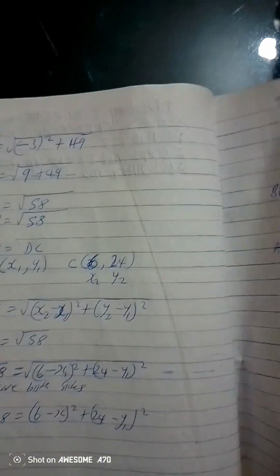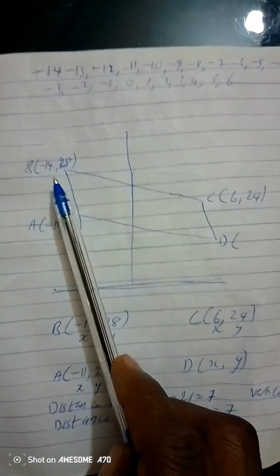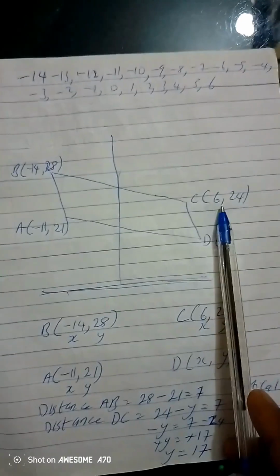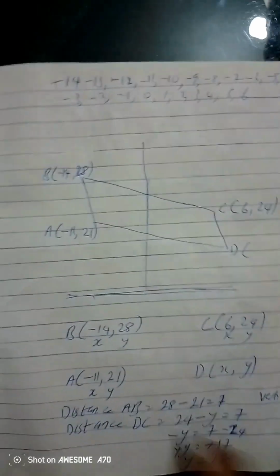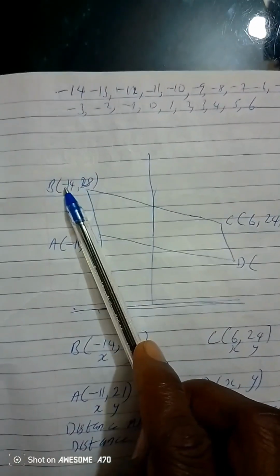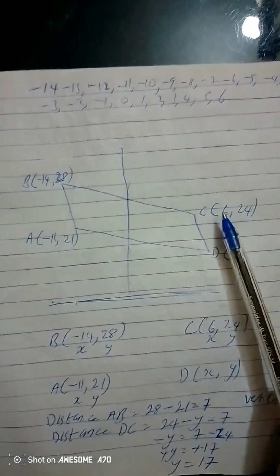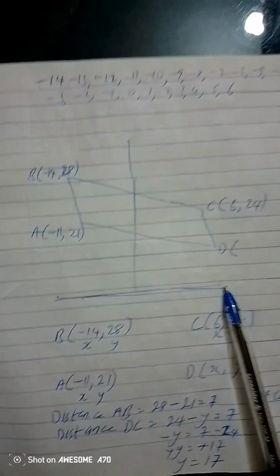Now look at the next one, the x, distance BC. Let me show you. Distance BC, from B to C, that is x. It's on the x horizontal because this distance here is minus 14 and this one is 6.